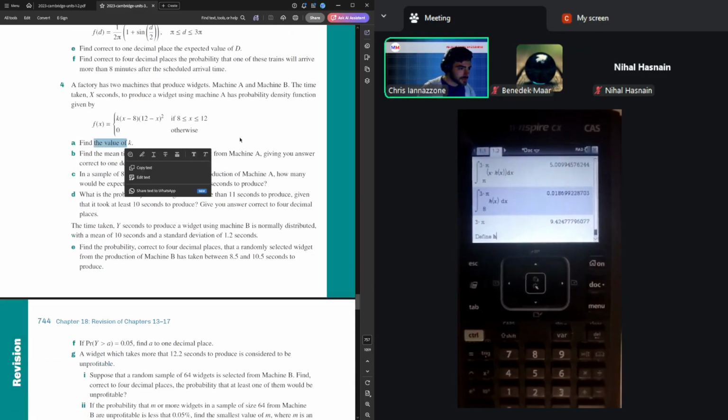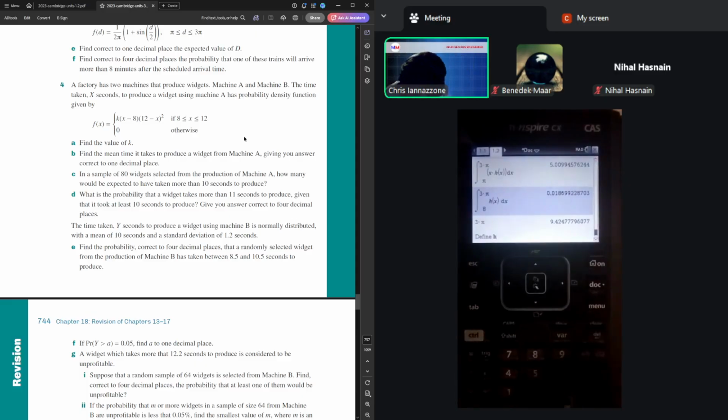Anyway, find the value of k. We said it before. How are we going to do this one? Go for integral equals 1. Yeah, exactly. Force the integral to be equal to 1. Perfect. Let me just get it copied down. Minus x all squared.